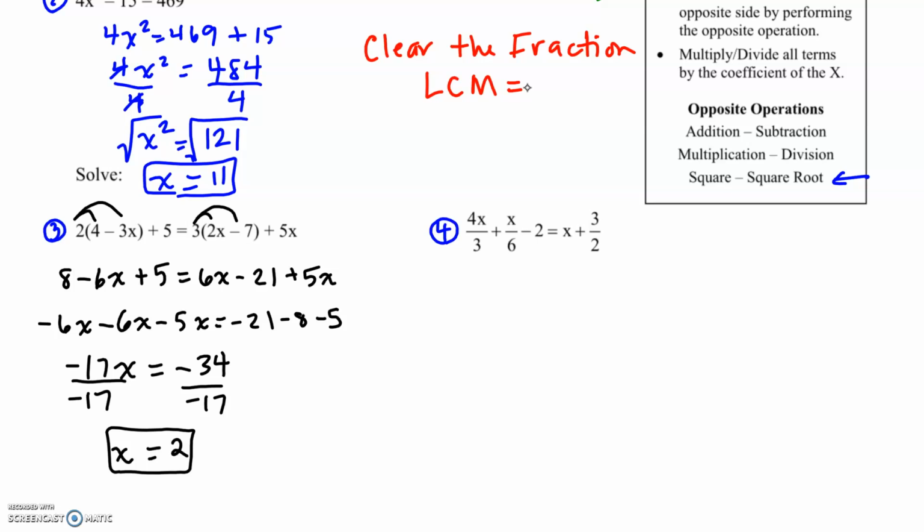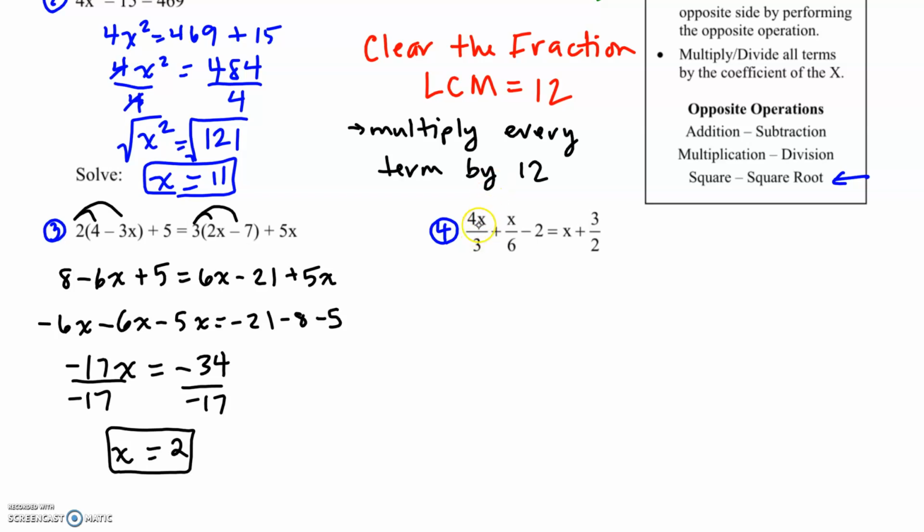The lowest common multiple between 3, 6, and 2 is 12. We get that just like we would a common denominator. What we do with that lowest common multiple is multiply every term by 12, which is the lowest common multiple.